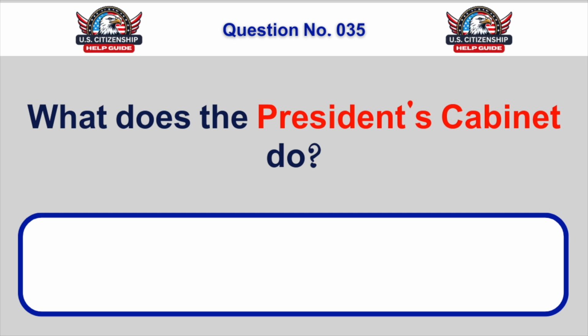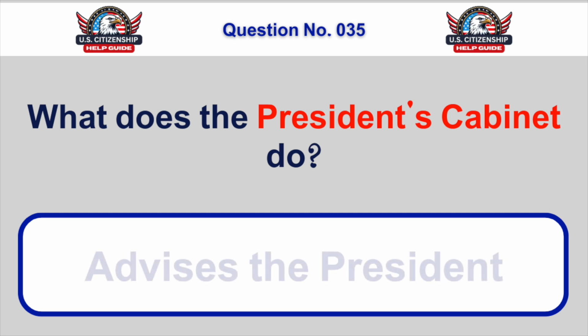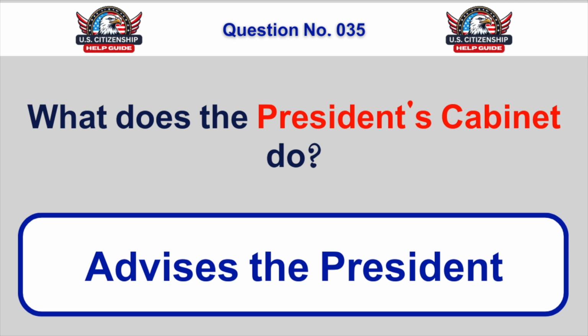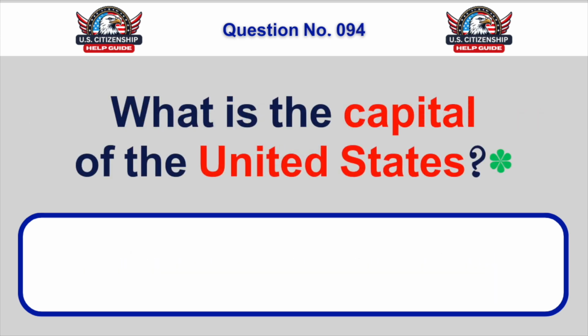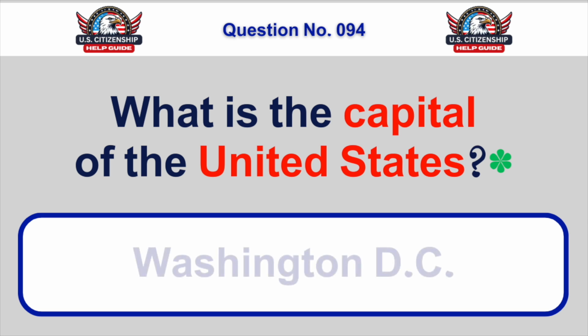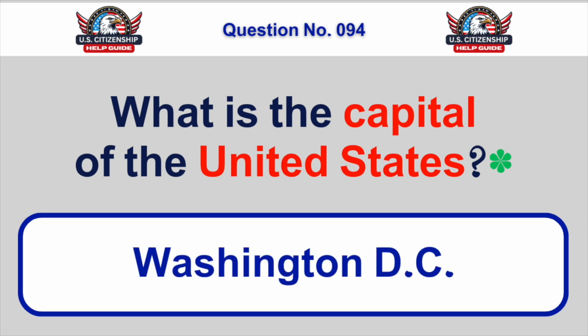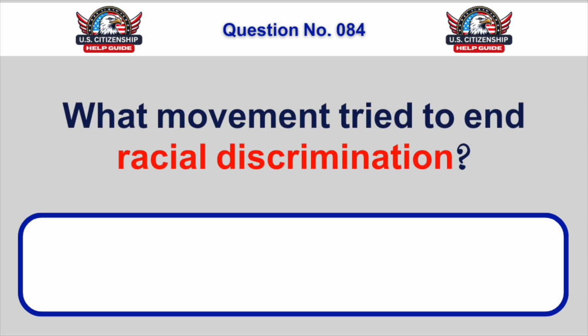What does the President's Cabinet do? Advises the President. What is the capital of the United States? Washington, D.C. What movement tried to end racial discrimination?